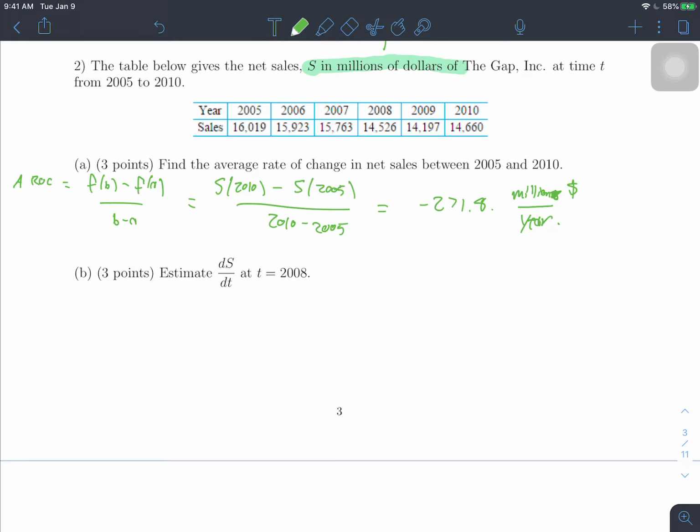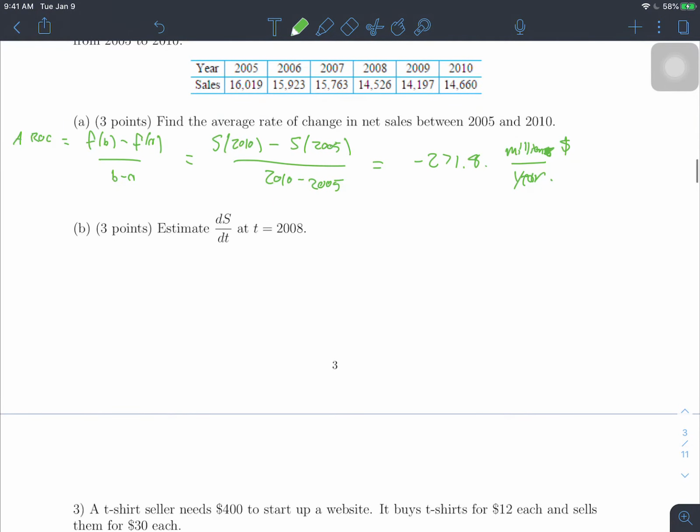Okay. So now we want to estimate dS/dt at time t equals 2008. What we really have here is like a graph of some very incomplete data set. We know here's 2005. We've got 6, 7, 8, 9, and 10.